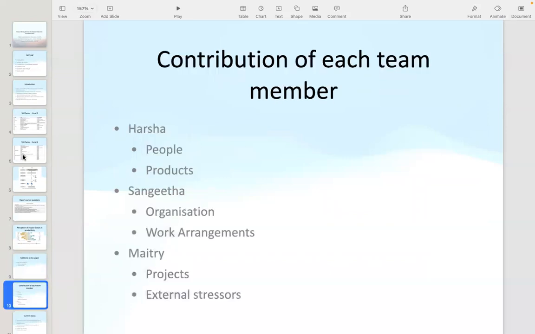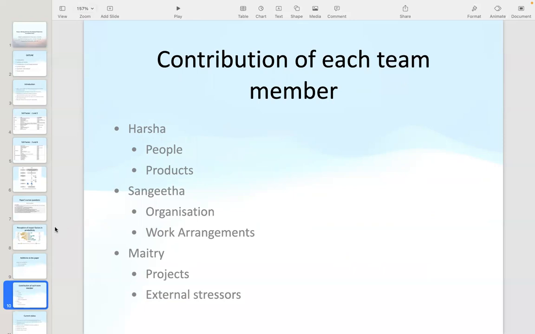So, the contribution of each team member: after having decided all the total factors, we have 6 factors now. These 6 factors were divided among the 3 of us, so each of us took 2 factors. Harsha took 2 factors, Sangeeta took 2 factors, and I myself, Maitri, also took 2 factors.